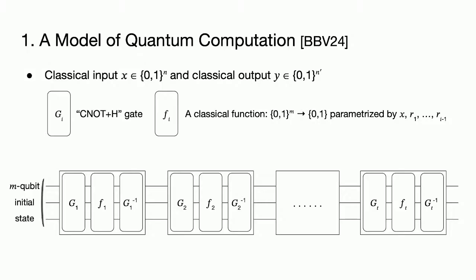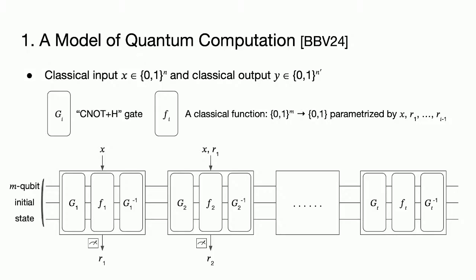To execute the program, one just plugs in the input x as the parameter to the first function f1, computes f1 in the G1 basis coherently, and measures the computation output to get a 1-bit measurement outcome R1. Then we use x and R1 as the parameter for f2, compute f2 in the G2 basis coherently, and measure the function output to get a 1-bit measurement outcome R2, and so on.